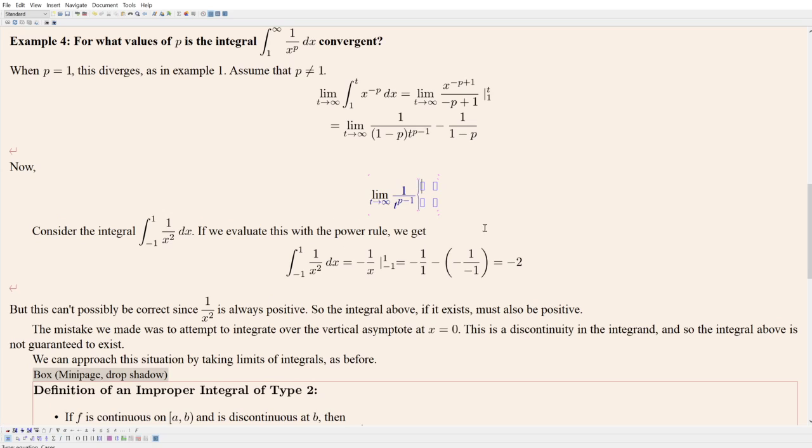Okay, so what did I just say? So if the power is positive, then that means this becomes 1 over infinity, which is 0.